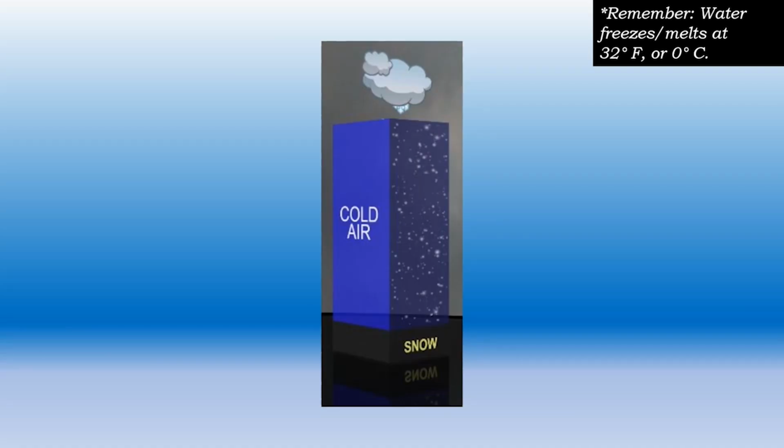Here you have a vertical column or profile for snow. Of course, when you're high up in the atmosphere, where the clouds are, it's cold. So no matter what, you start off with snow.